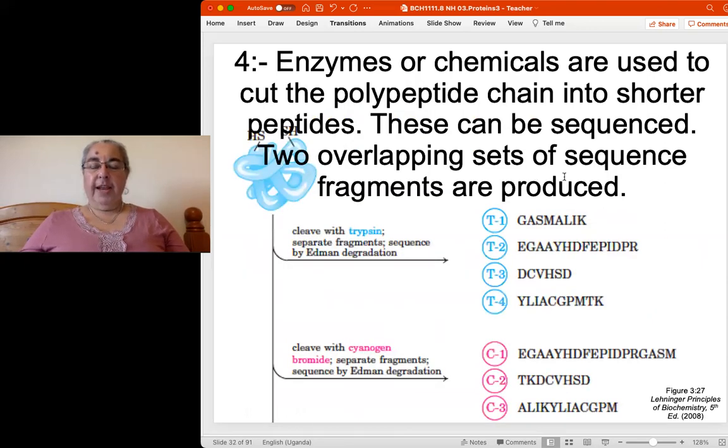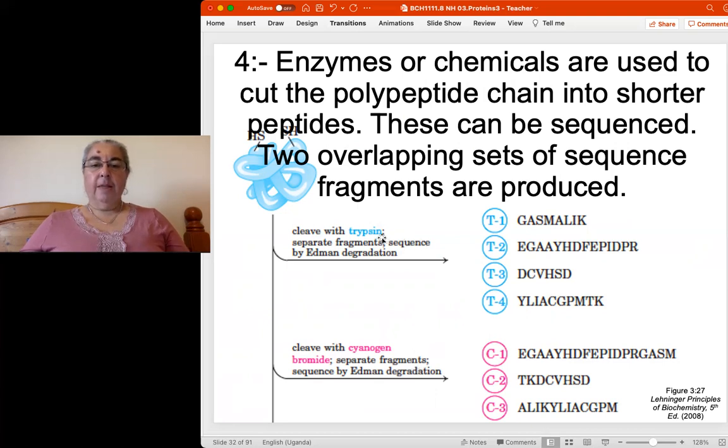So the next thing we can do, here's our polypeptide chain with its reduced disulfide bond. We can cut it into shorter peptides and then find the amino acid sequence within each of these peptides. So here we're using two different enzymes which cut the polypeptide chain in slightly different places.